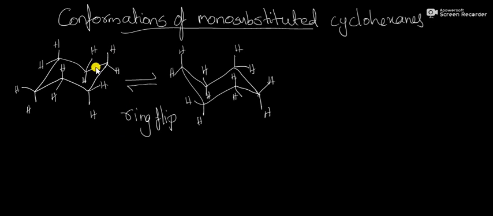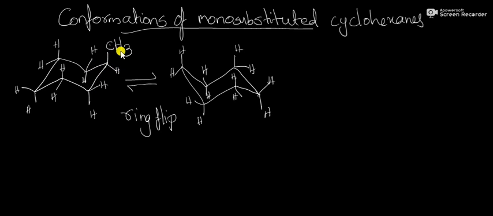For example, if we replace one of the hydrogen atoms present in cyclohexane by a CH3 group, displacing the hydrogen from the axial position, this is the conformation of monosubstituted cyclohexane.